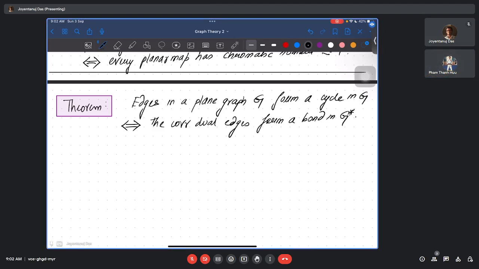An edge cut is a collection of edges, right? For example, let me think of an example. Suppose we have this graph.